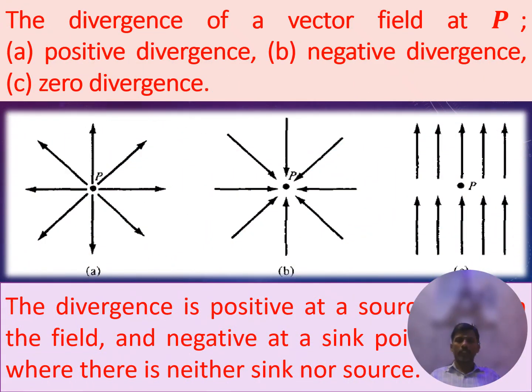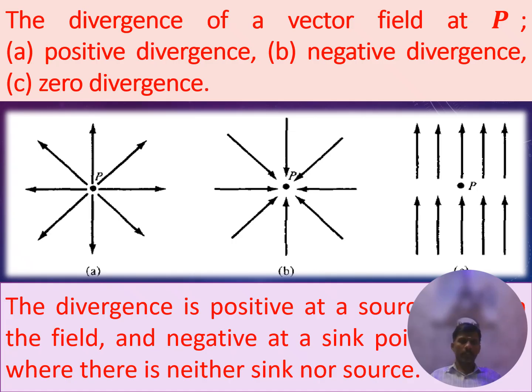The divergence of a vector field at a point P can be positive, negative, or zero. For example, positive divergence means sources in the field, a negative divergence means a sink, and where there is neither sink nor source, it is zero divergence. Again, positive divergence is at a source, negative divergence is at a sink point, and where there is neither sink nor source it is zero divergence.